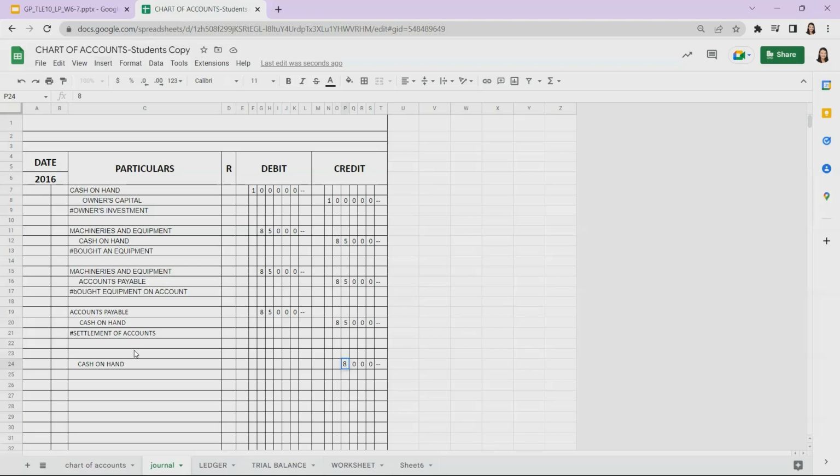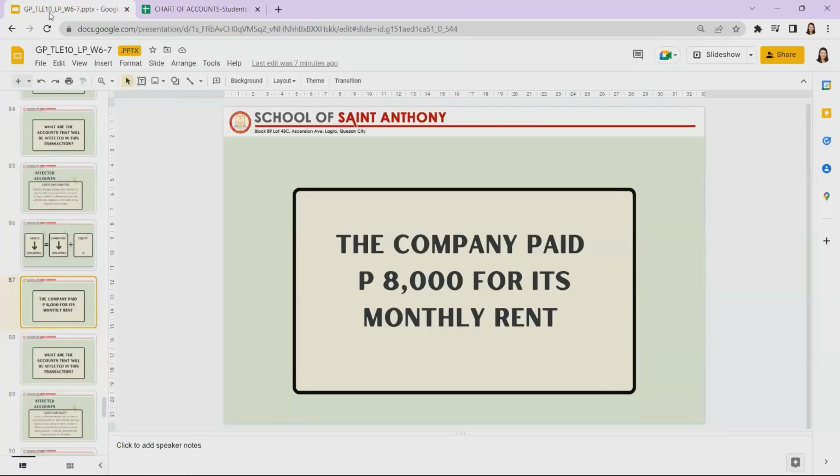Now, what should be our debit? We paid monthly rent. Nagbayad tayo ng monthly rent. So, we have a consumption. Consumption, gastos, it is an expense account. Para saan yung ginastos natin? Para saan yung expense natin? This is for our rent.